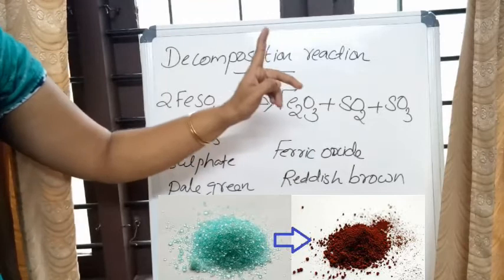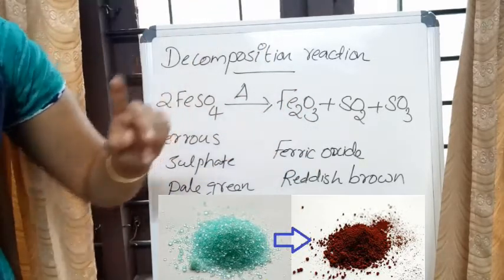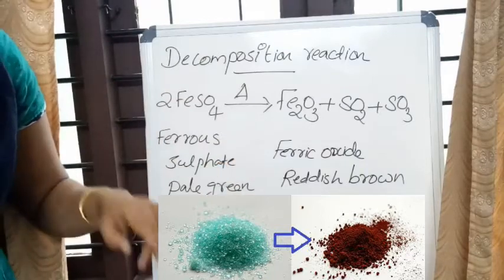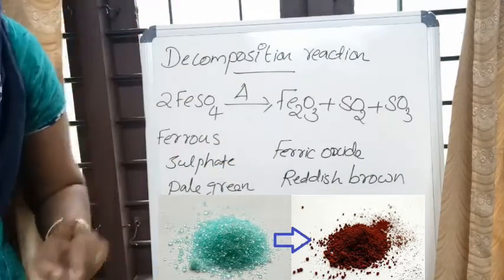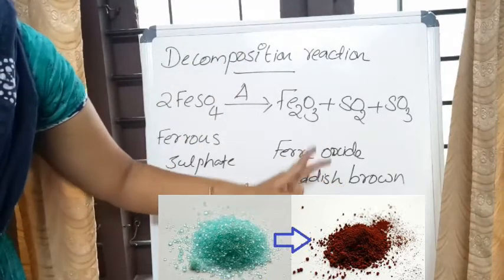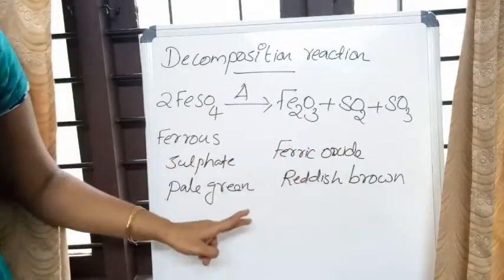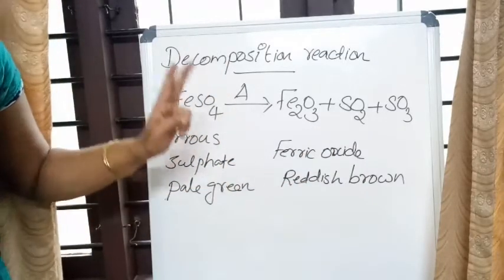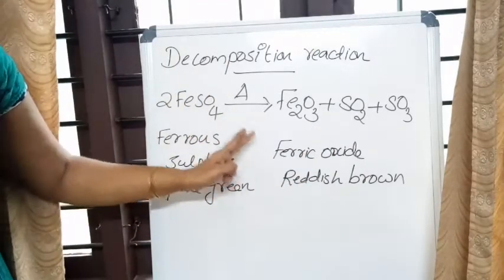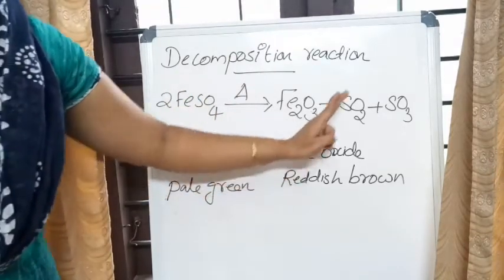For the 10th standard examination point of view, this is very important, and you can expect a question like: identify the type of reaction in which pale green ferrous sulfate changes to reddish brown, and your answer should be decomposition reaction. So once again I repeat, decomposition reactions are the reactions in which a single reactant breaks down to form two or more simpler products.